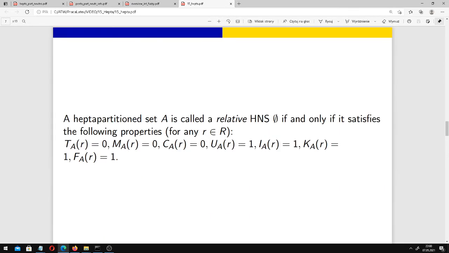In case of so-called relative, or in some sense empty, HNS, we have 0, 0, 0, and then 1, 1, 1, 1.